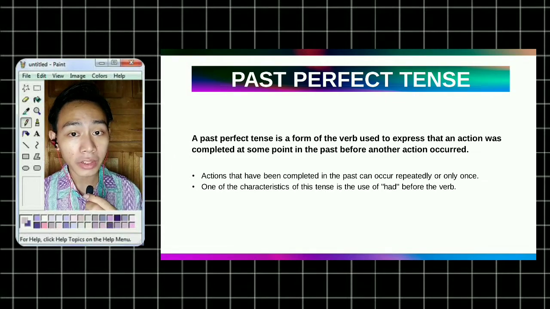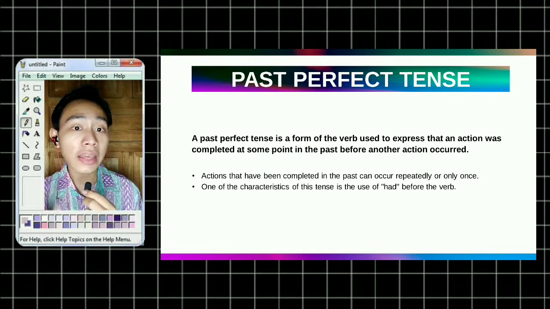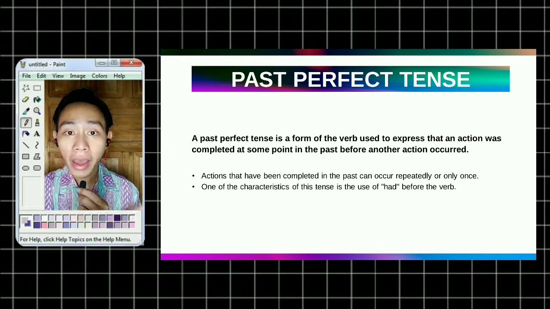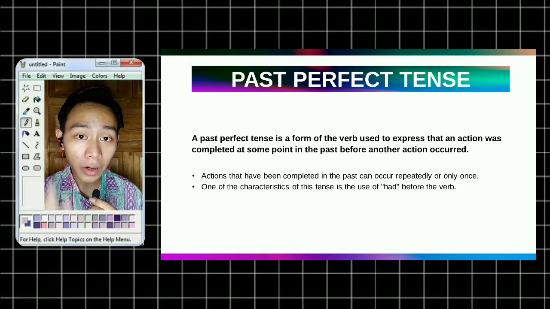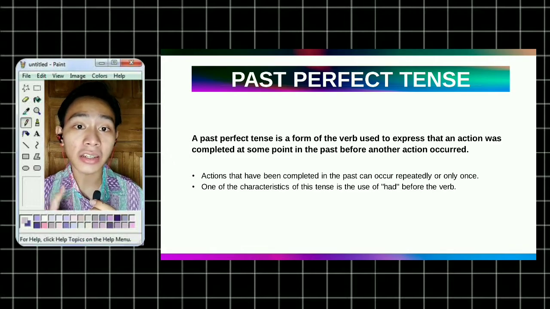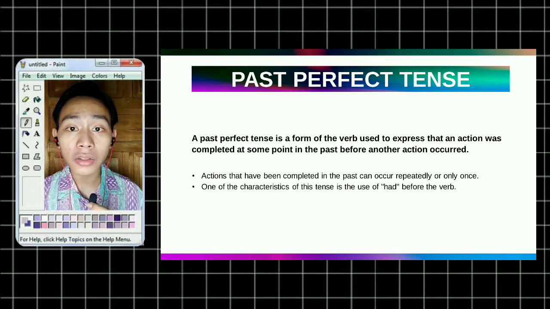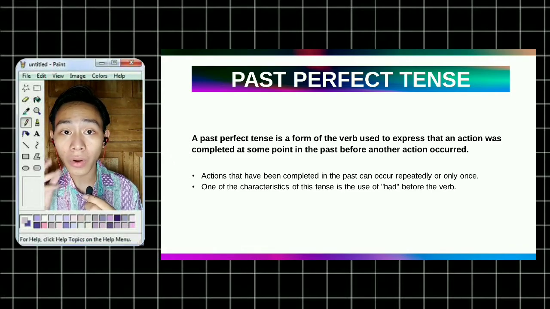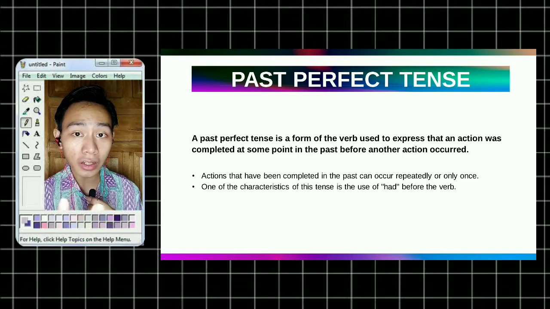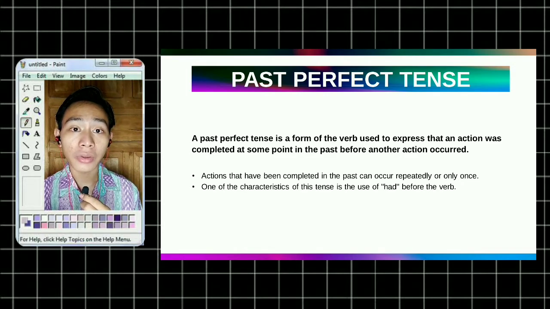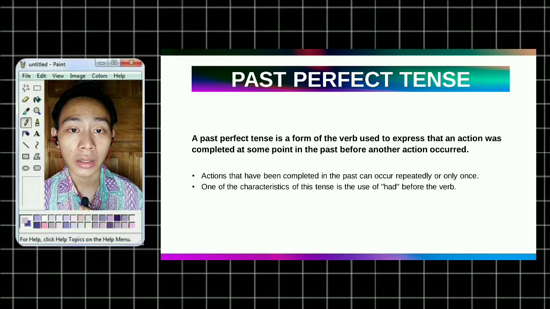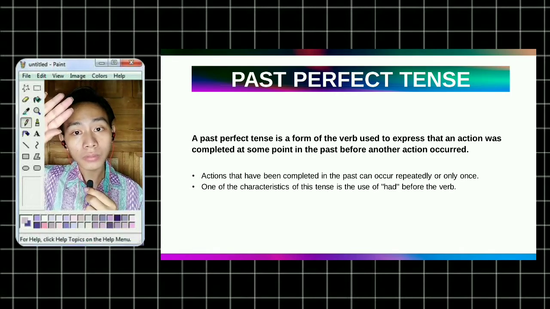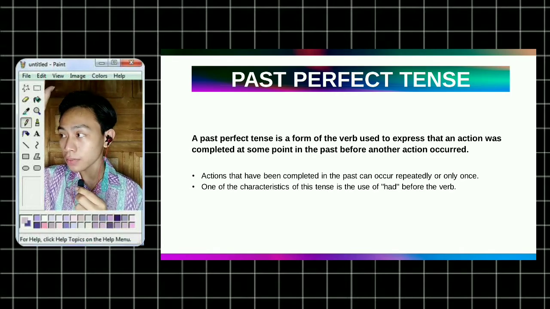One of the characteristics of this tense is the use of had before the verb. In addition, this tense can also be used to form three types of conditional sentences and reported speech.